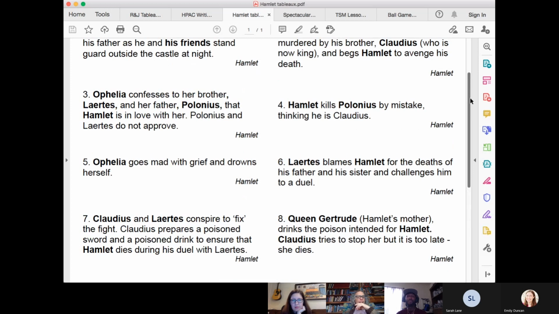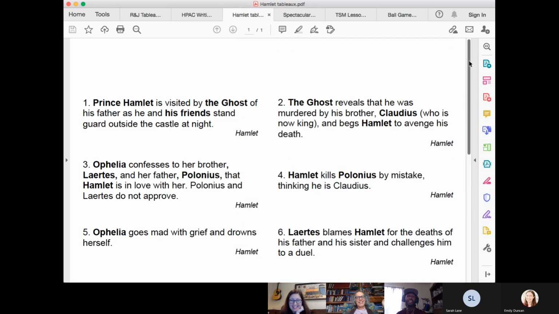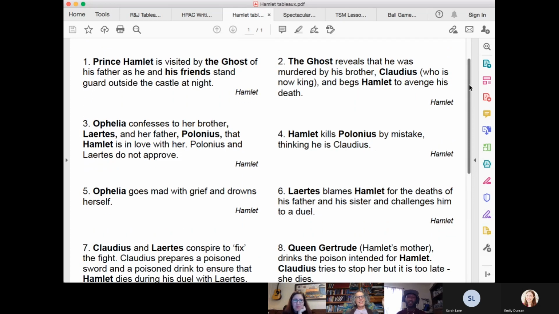Laertes was Lolo, Polonius was Polo, baby Polo. The scene was Chicago. All the relationships were the same. I believe the ghost was Deadeye because he was dead.